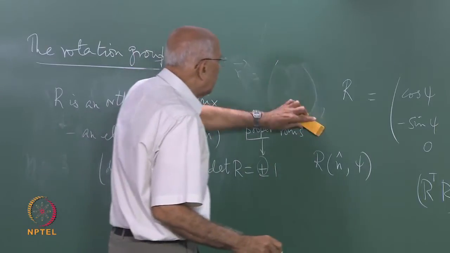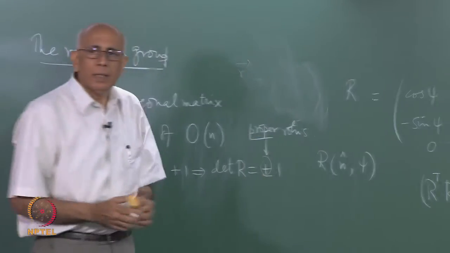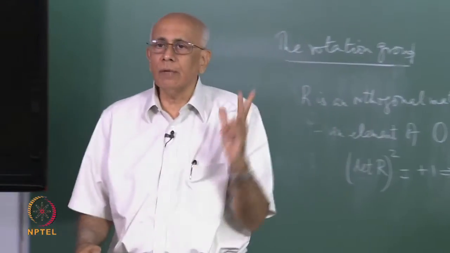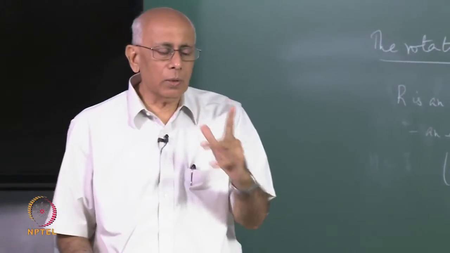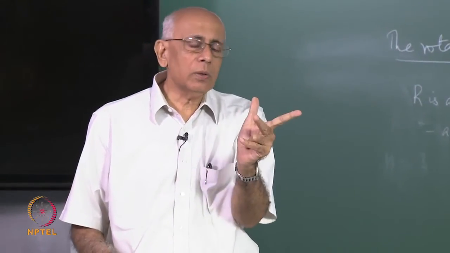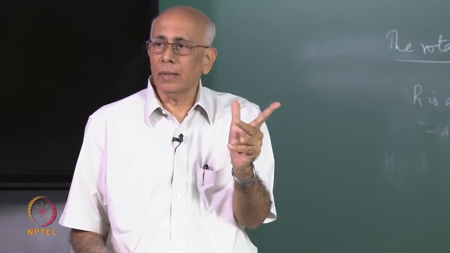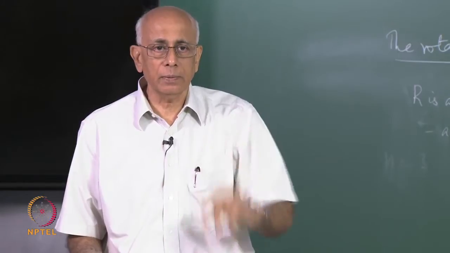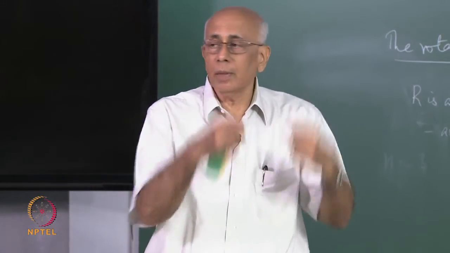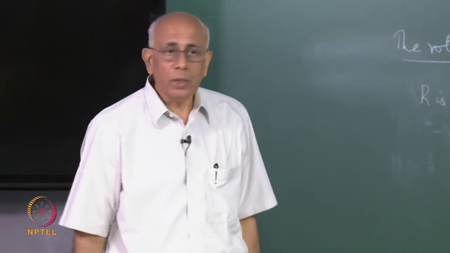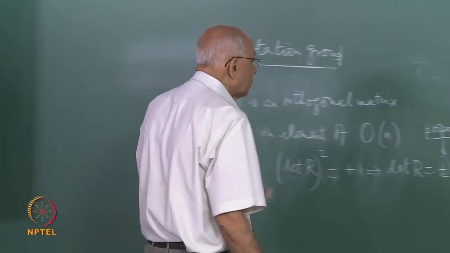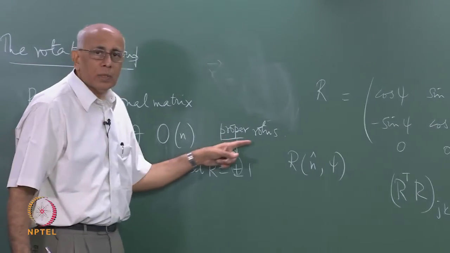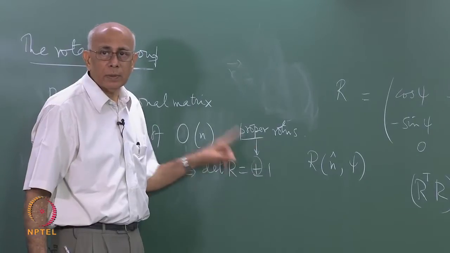They can actually be constructed continuously by moving continuously from the identity. So you start with the original coordinate system and you want to get to a proper rotation where the coordinates look like this, you can do so by a succession of infinitesimal transformations, each of which has determinant +1. So this property of being connected to the identity is what defines a proper rotation here.